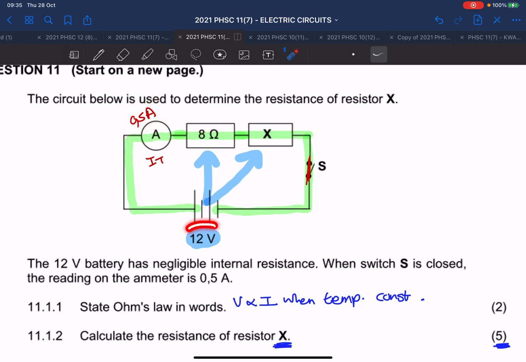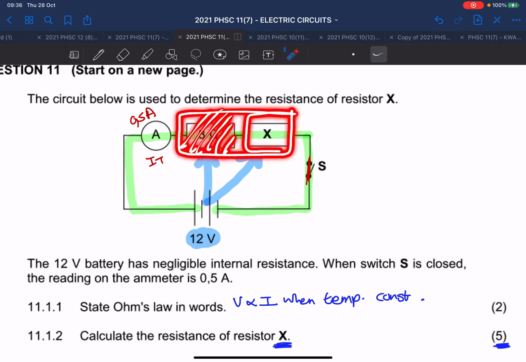But I don't know how many volts go there, because I can't say 12 volts goes there, because 12 volts must split up into 2. But what I do have is the total volts and the total current. Then I can calculate the total resistance. And then, because they're in series with one another, I can just subtract, and then I know the resistance of X. So 2 calculations.